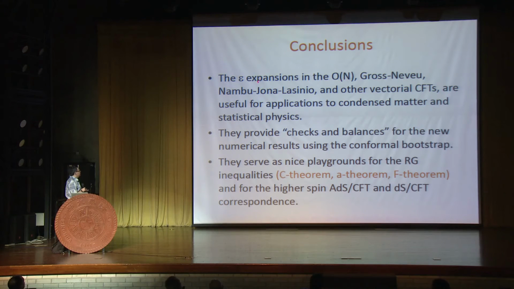So let me conclude. Basically, this old-fashioned technique of epsilon expansions in O(N), Gross-Neveu, Nambu-Jona-Lasinio, and other CFTs is actually very useful for applications to some condensed matter and statistical physics. They can provide checks and balances for bootstrap numerical results, or hints for which theories exist, and approximate scaling dimensions. There are also nice playgrounds for RG inequalities and higher spin AdS/CFT.